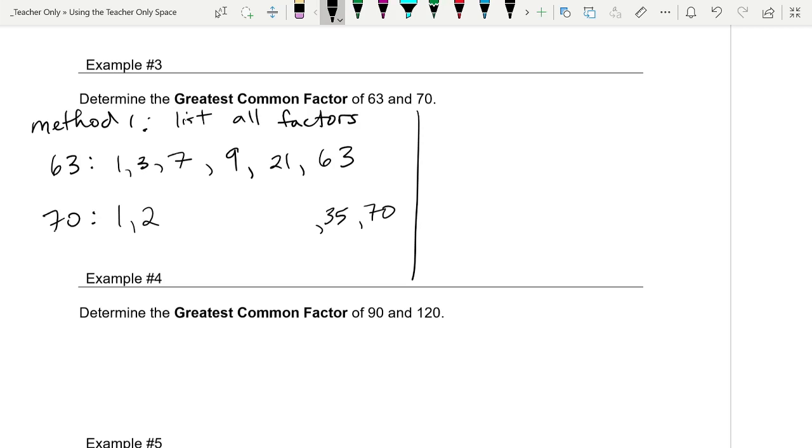Does it have a 5? Yes, it ends in 0. So what's 5's partner? 5 times what is 70? I think it's 14. And then how about 6? No, because 3 didn't go in. How about 7? Yes. 7 and its partner is the next one, 10. So the greatest common factor of 63 and 70 is right here.